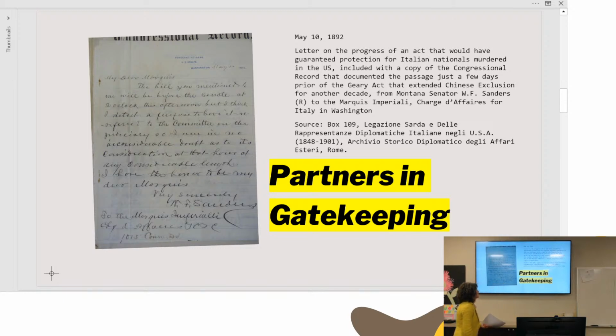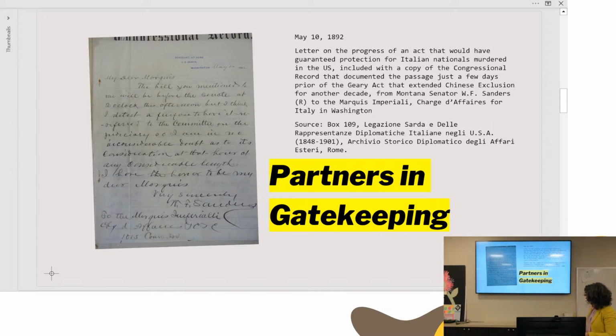So the Italian government tried to support a bill that would have protected any Italian national murdered in the United States. You think that should happen, right? Not always, okay? So what ends up going on is that the story of the bill is not so relevant to what we're talking about here today, but in the process of that bill, this letter shows up.